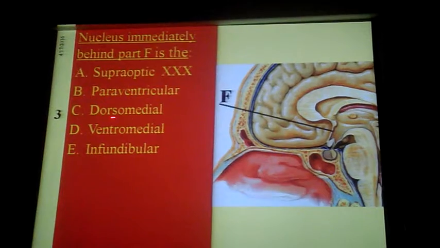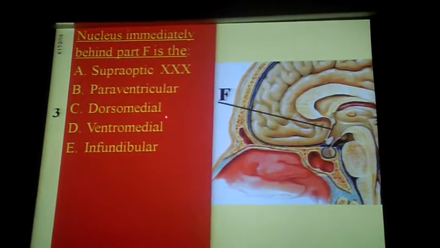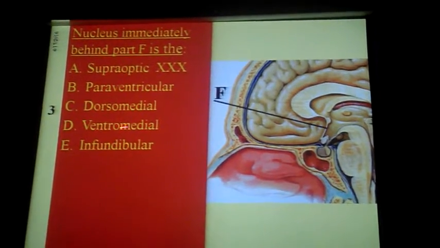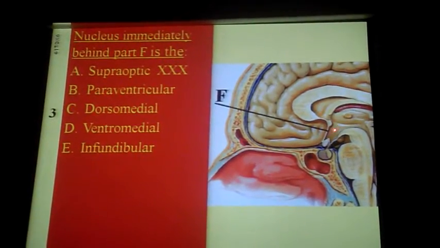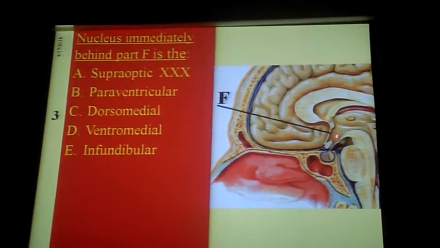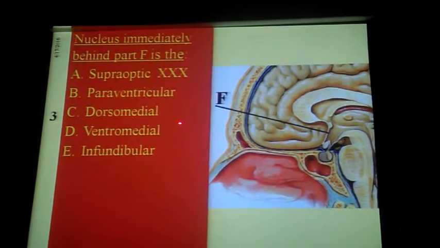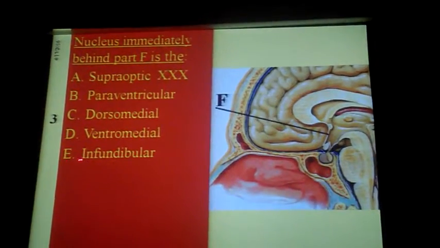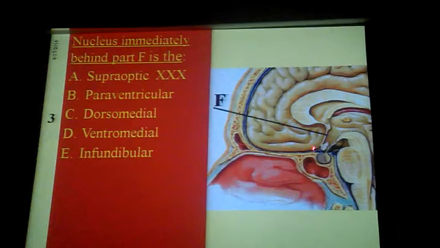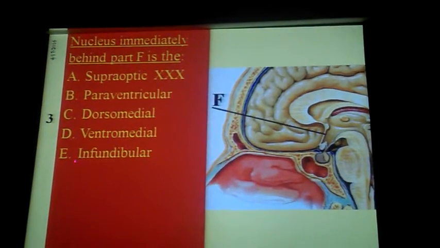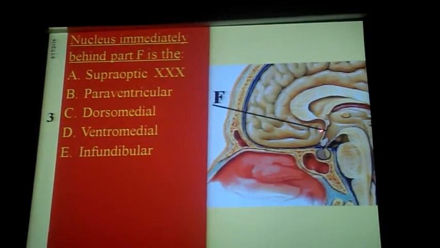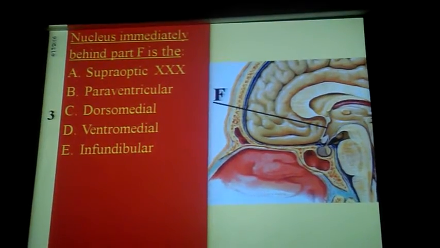Then the dorsomedial nucleus, and the medial nucleus has two parts, a dorsomedial and a ventromedial nucleus. The dorsomedial and ventromedial nuclei are present somewhere there. It's away from the lamina terminalis. So these are incorrect. They are not immediately behind. And then the infundibular part or infundibular nucleus is situated somewhere in there. So it is not immediately behind the lamina terminalis.